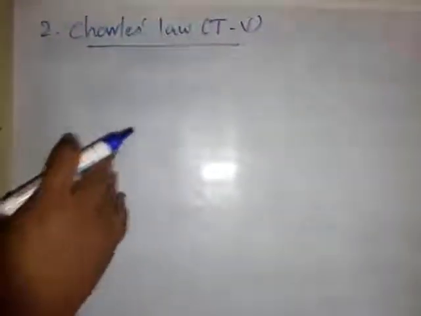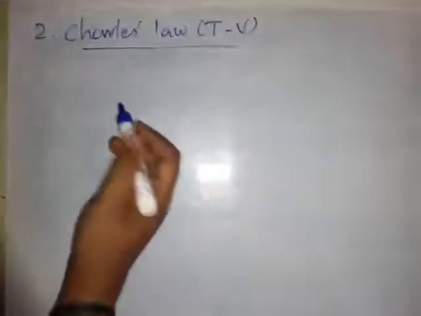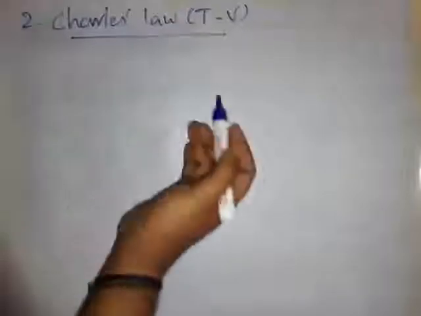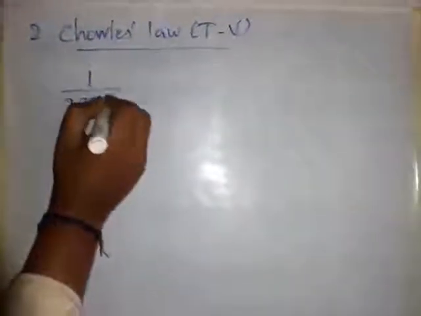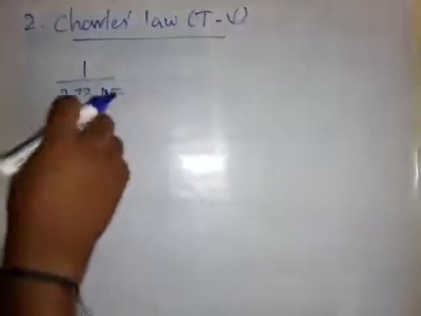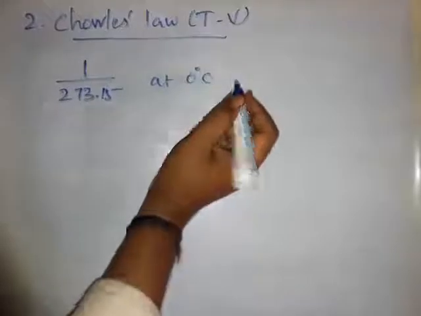They found that for each degree rise in temperature, the volume of a gas increases by 1 by 273.15 of the original volume of the gas at 0 degrees Celsius.